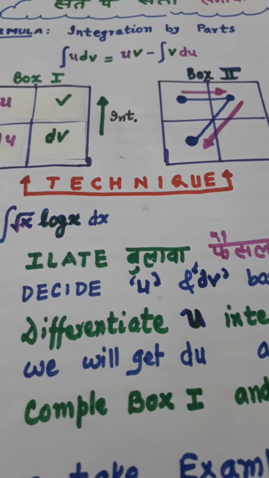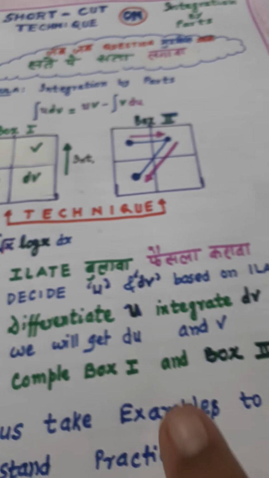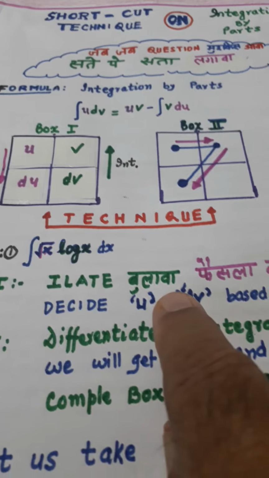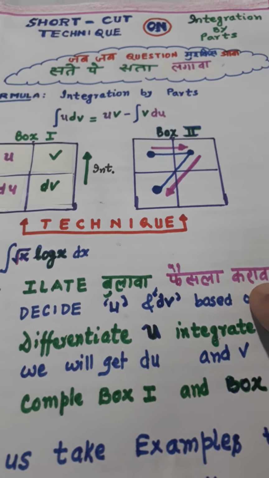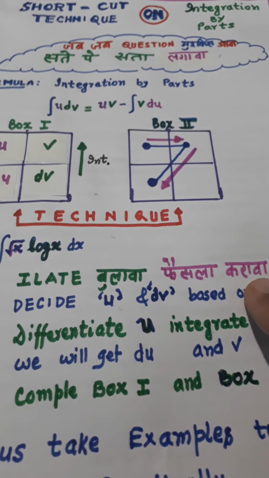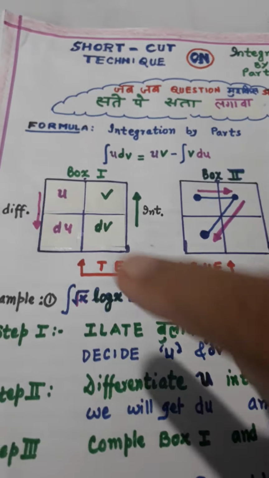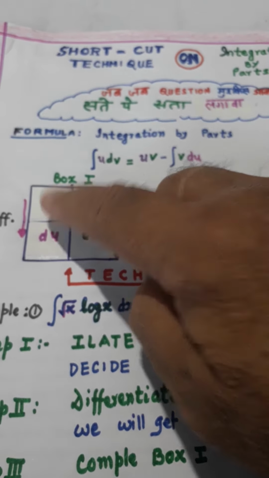So one becomes u, the other will become dv. Step 1, ILATE: बुलावा फैसला करावा. So you have to go to ILATE to decide what will be u and what will be dv, because we have to write diagonally. So u here and dv here.